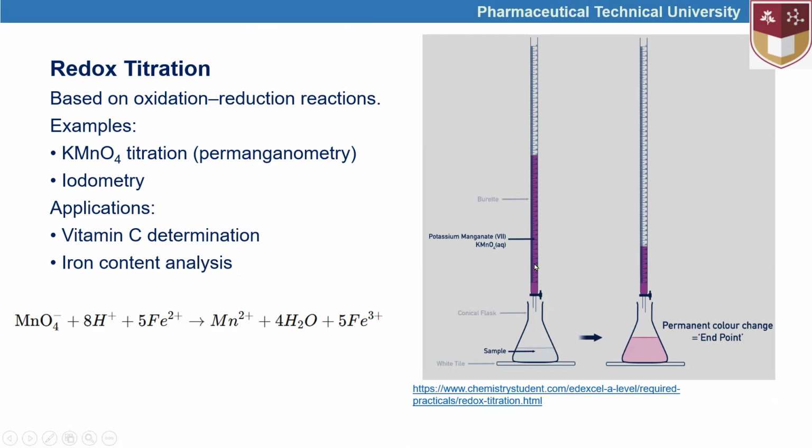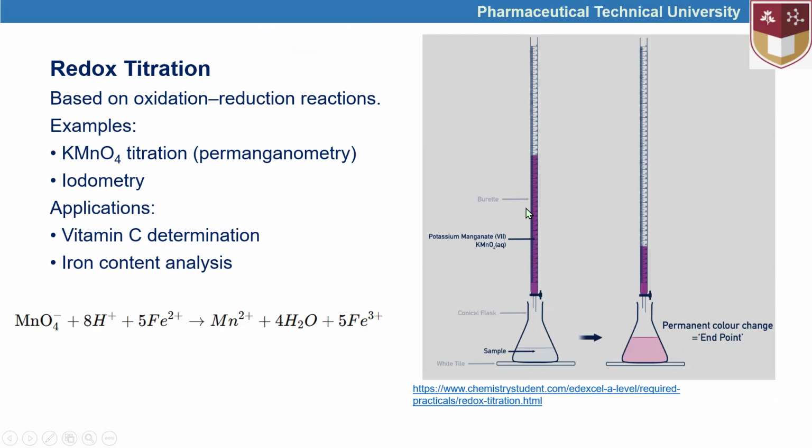Here we can see the example of potassium permanganate that could be used to determine the changes of some reducing agents like iron 2+. So when we have this kind of color, we can make a conclusion that we reached the end point.